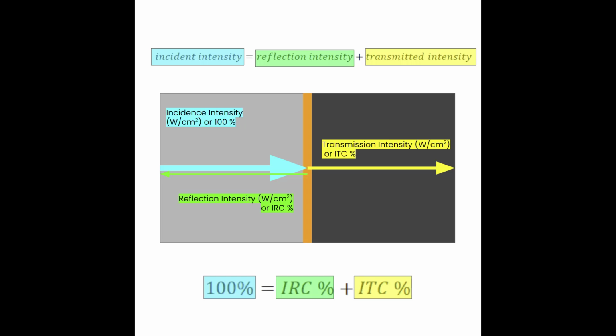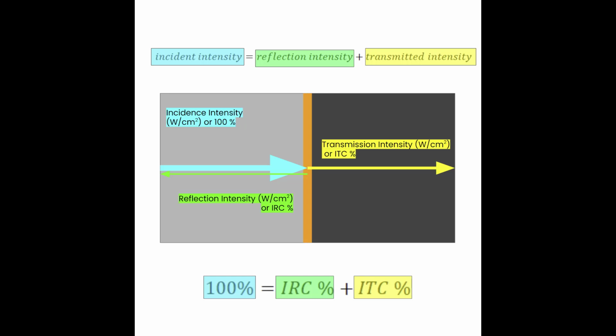Assuming that this media has two different impedances, as that perpendicular incidence comes to the boundary, some of the intensity will be transferred into the reflection, and some is going to be transferred into the transmission. When you add the reflection intensity to the transmission intensity, they should equal the incident intensity, because we cannot create nor destroy any energy.